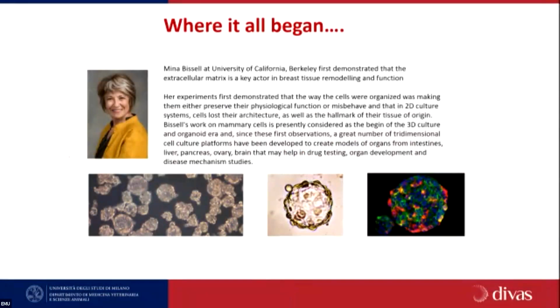And she demonstrated that she was able to maintain the correct phenotype and functionality when co-culturing mammary gland cells using extracellular matrix. So this is officially considered the start of the organoid era, because she firstly demonstrated the importance and the contribution of the extracellular matrix and the relation of cells with the environment in order to maintain a correct function in cells.